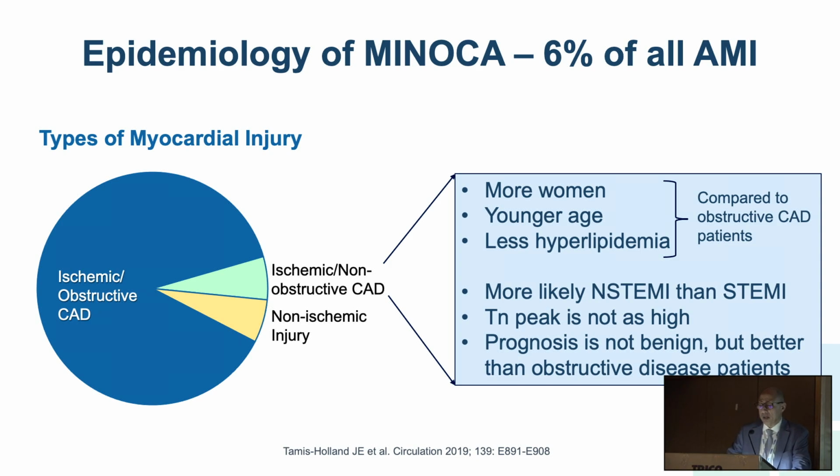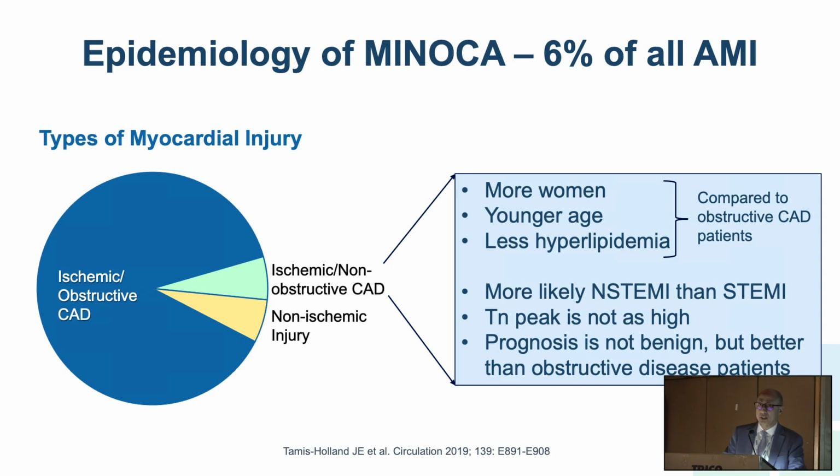The types of myocardial injury are, as seen on this pie chart here, either ischemic and obstructive coronary, as we see, and these are the majority. There are thousands of cases with troponin elevation, but that injury is caused either by ischemia or by non-ischemic pathophysiology.